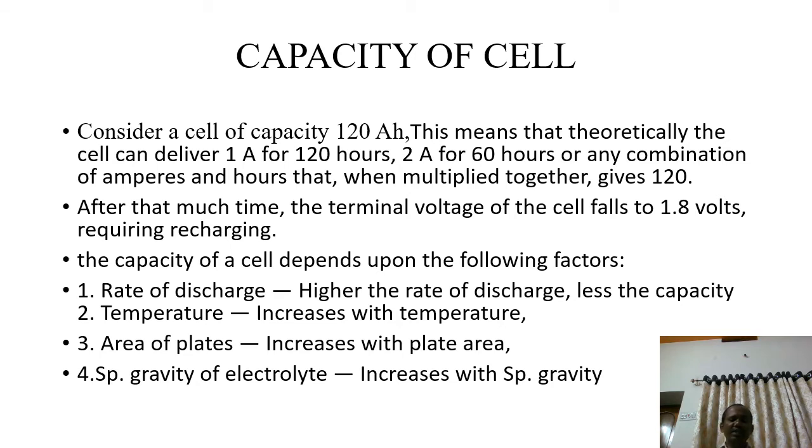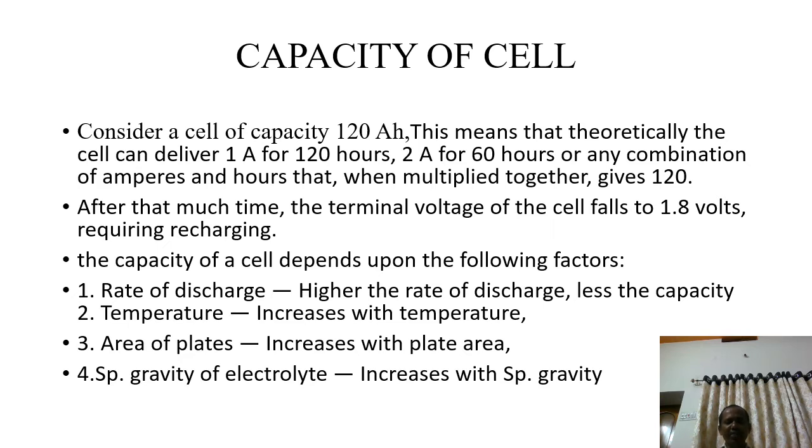The higher the rate of discharge, the less the capacity. So when the discharging rate is higher, the limit is exceeded, and at that time the capacity of the cell is reduced. Then we can say, higher the rate of discharge, less the capacity.